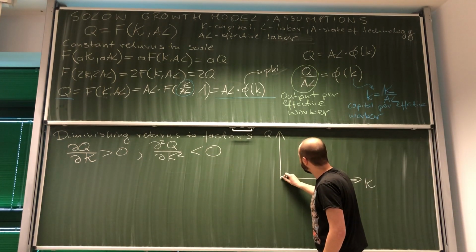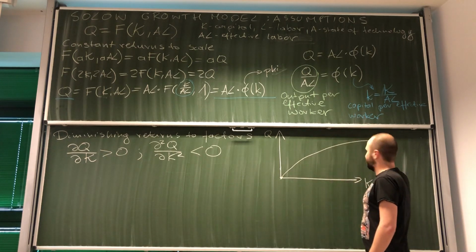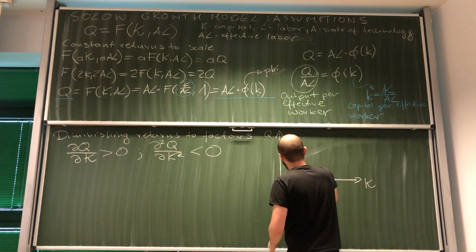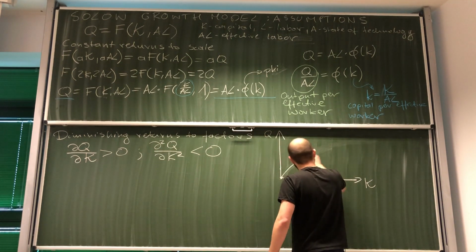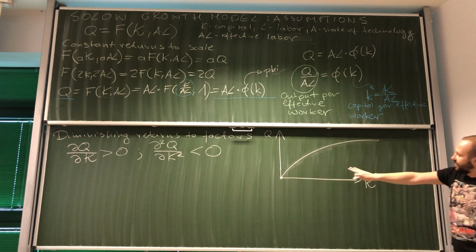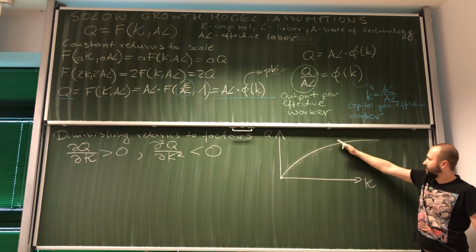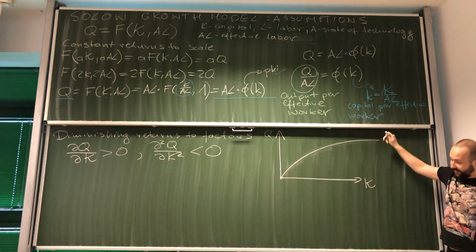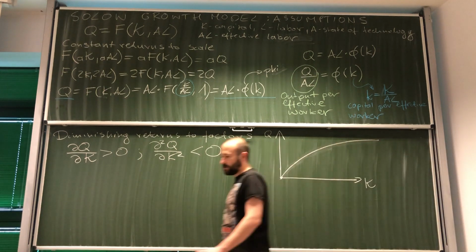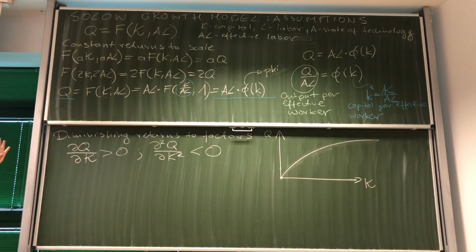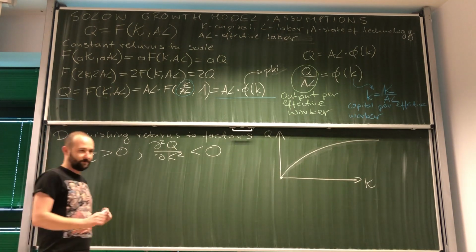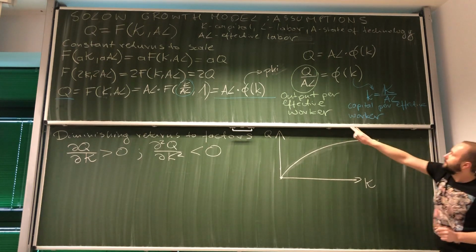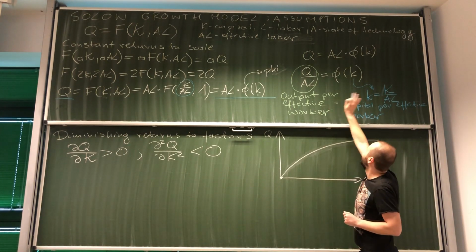So we will have an increasing concave shape. Okay, this is not very concave. Well, it's concave enough, but I'm going to try to do better. So you see the level of production is increasing with capital, but at a slower and slower pace. Okay, so look, this assumption, diminishing returns to factors, will be the key for us to draw this function, because this is the function we are interested in.